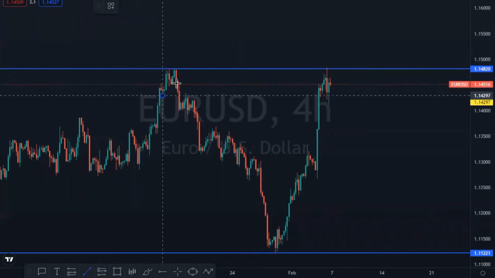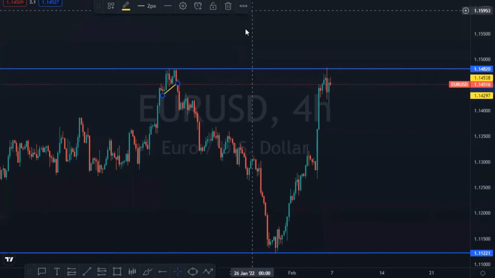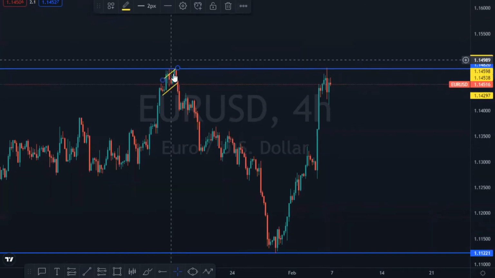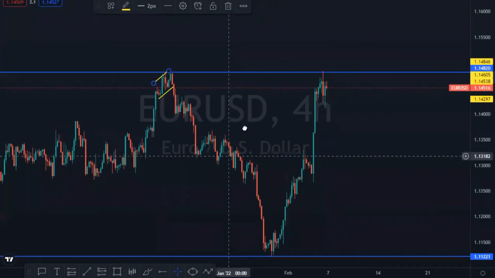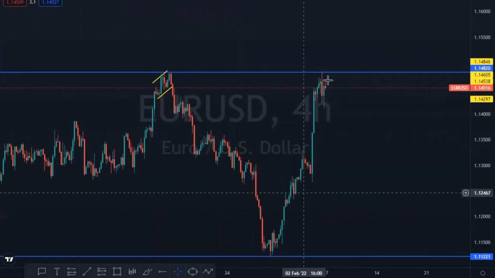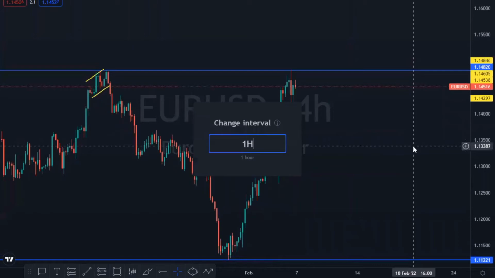On my first peak, the market formed a type of ascending channel, which was a reversal pattern for selling opportunities. So let's see what's happening on this second peak. Let's jump to the 1 hour time frame.